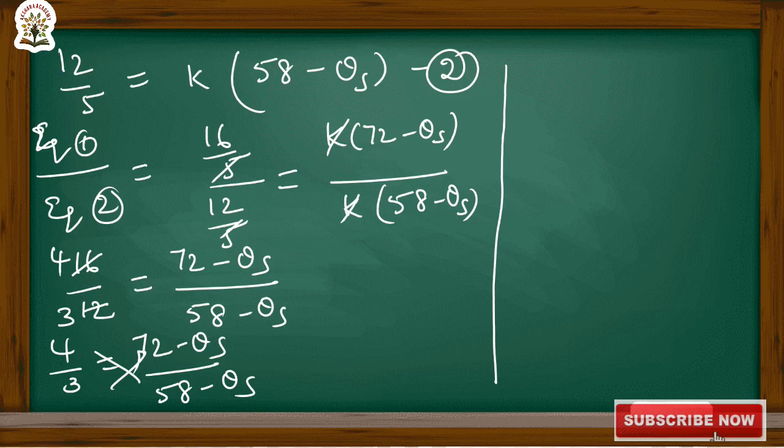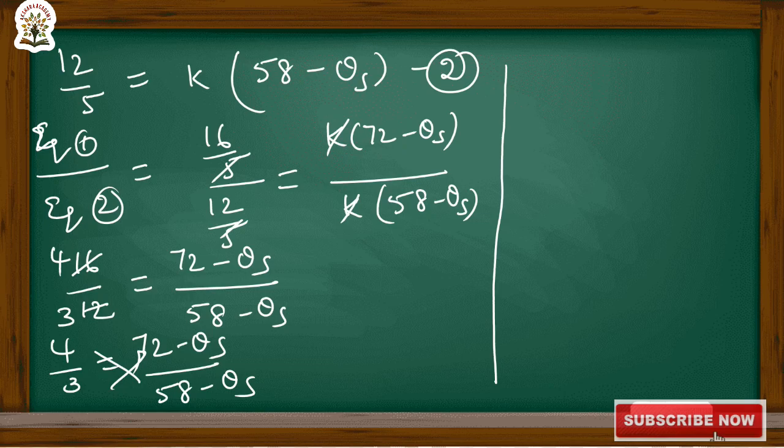Taking cross multiplication, we are getting 4 into (58 minus theta s) that is equals to 3 into (72 minus theta s).